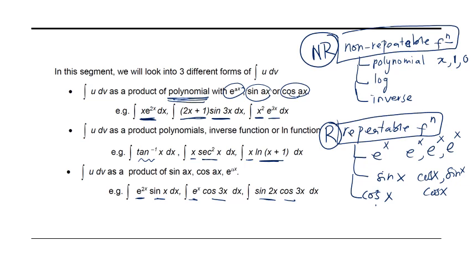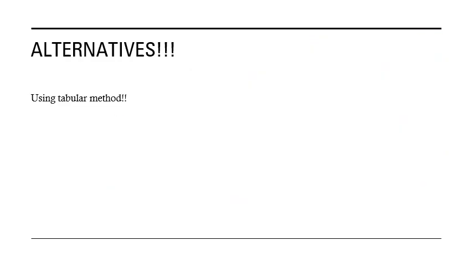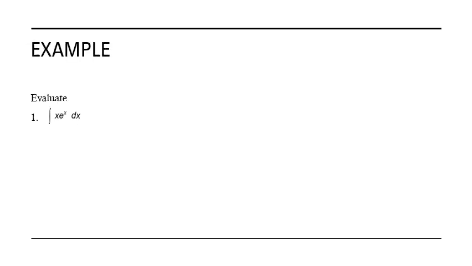So example, sebelum example, okay, alternative, using tabular method. Tabular method is table method that we simplify using differentiate and integration, and it is more easier, right? So nanti saya tunjuk. Alright, example, okay, evaluate integrate x exponent x dx.